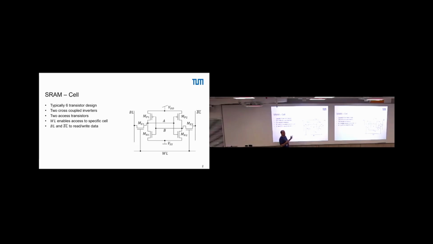That means we need some additional circuitry that allows us to see the impact of this inner node on the much larger capacitance of this wire, or on both wires at the end. What is used there is usually a sense amplifier.